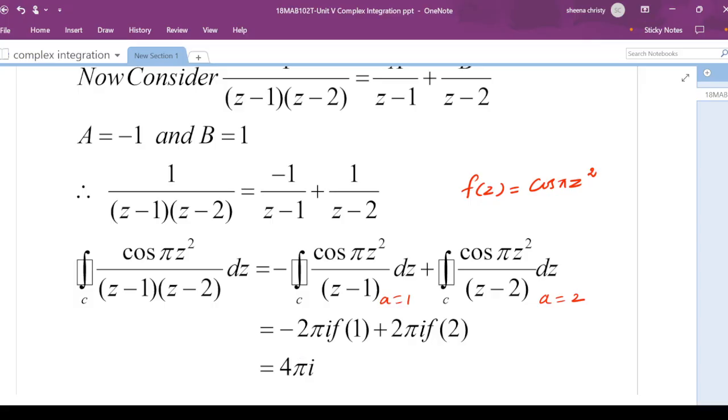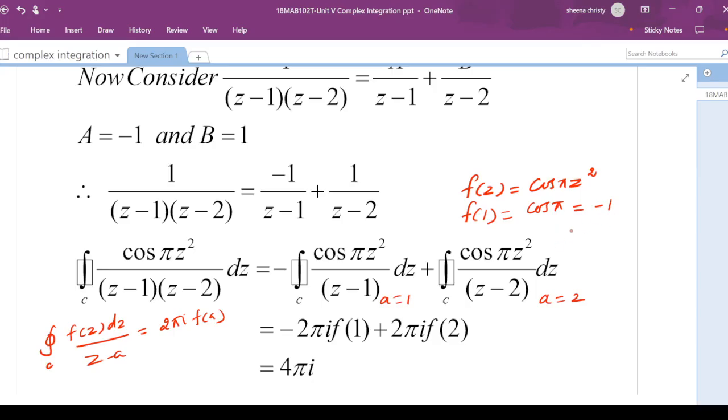Therefore, according to Cauchy's integral formula, the integral over the contour C of f of z into dz divided by (z minus a) equal to 2 pi i into f of a. So you are going to put 2 pi i into f of a, where a is 1. Already the minus sign is here, we are putting the minus sign, plus 2 pi i into f of 2, because a equal to 2. Now put z equal to 1, so you will get f of 1 equal to cos pi. The value of cos pi is minus 1.